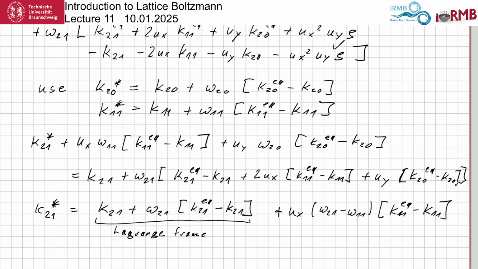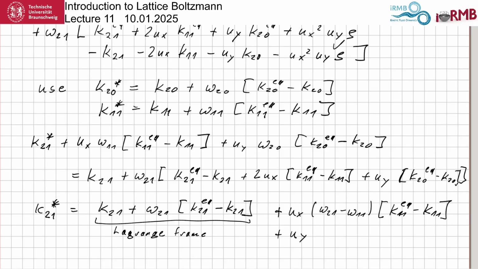Here I have a question, because K11 equilibrium was 0, right? Yes, but K11 is not. So it's going to be ux times those omegas times K11. Okay.